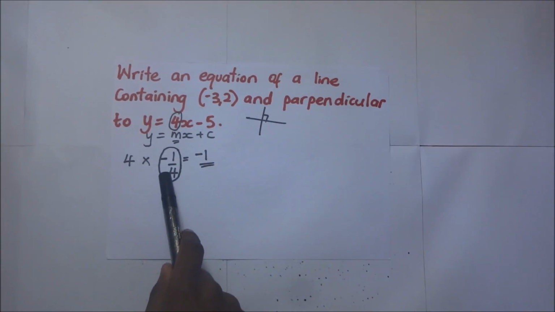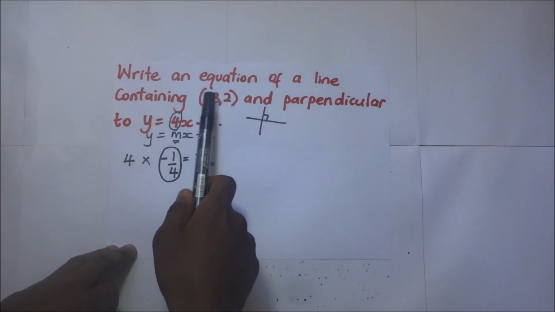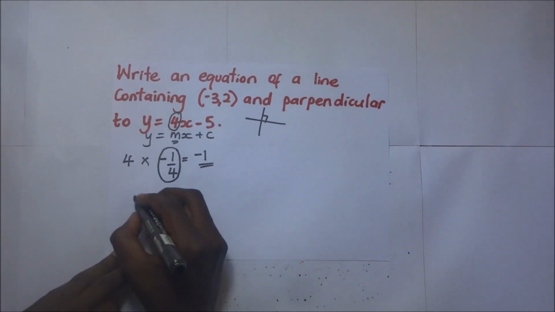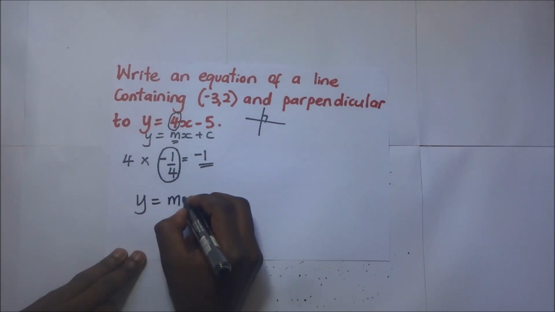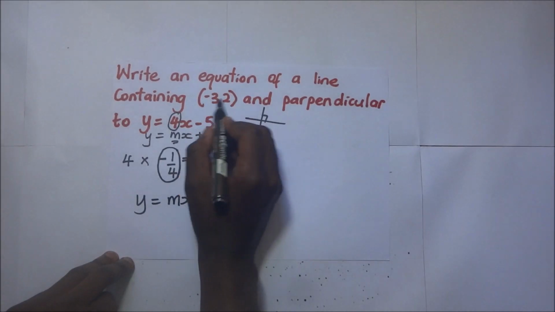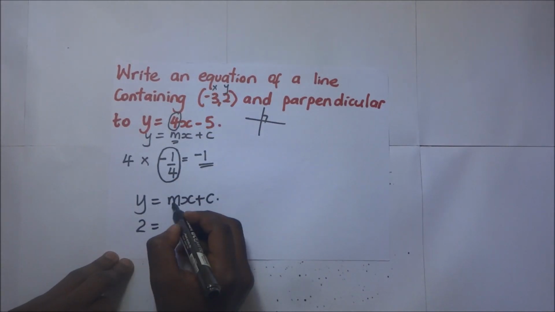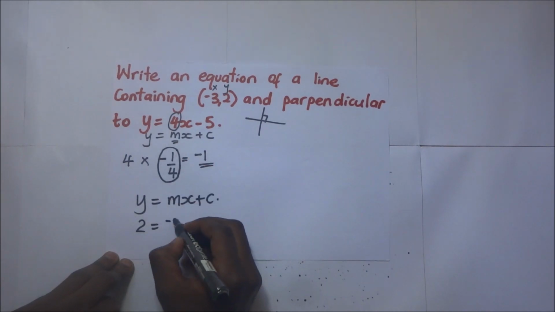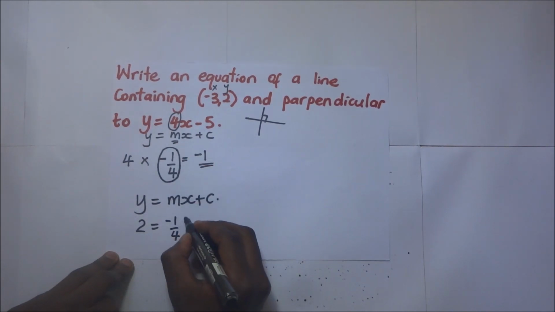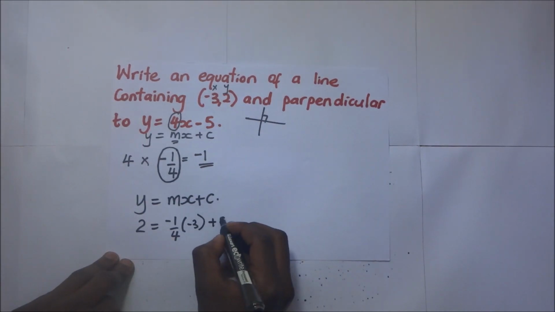Now that we have the gradient of that line, we can go ahead and find the y-intercept, the value of c. We know that y equals mx plus c. Now what's the value of y? We have x, y, and our value of y is 2, so 2 is going to be equal to m, which is the gradient -1/4, times our value of x, which is -3, plus c.